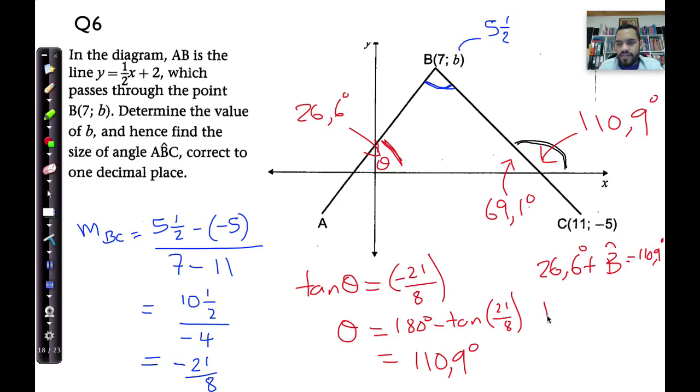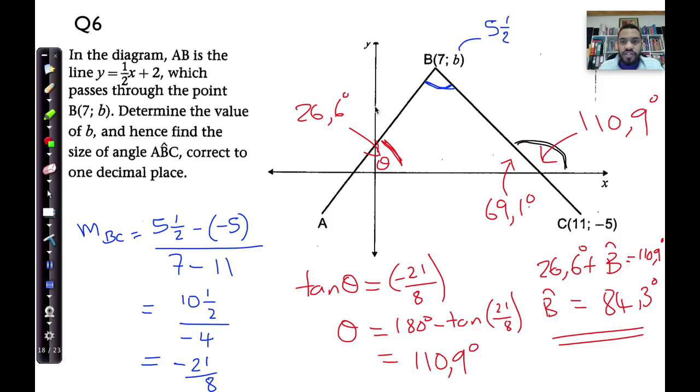So therefore angle B will give us 110.9 degrees minus 26.6, which should give you 84.3 degrees. And there we go, that's our solution.